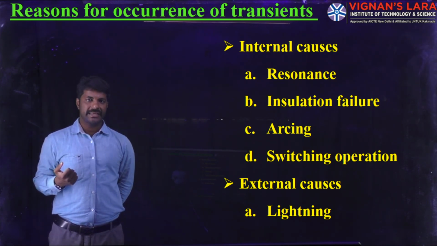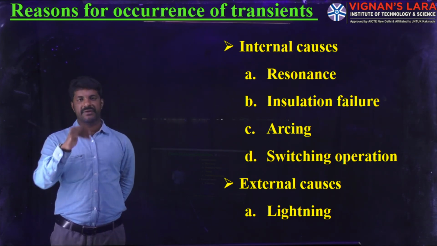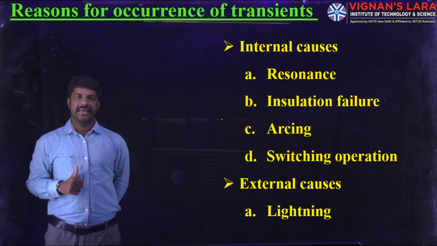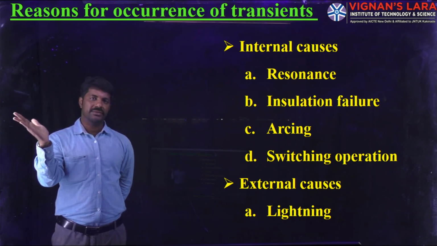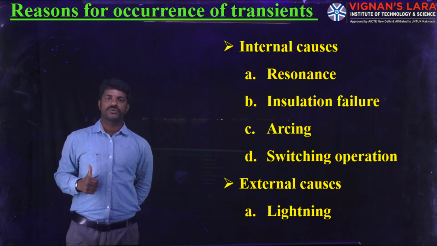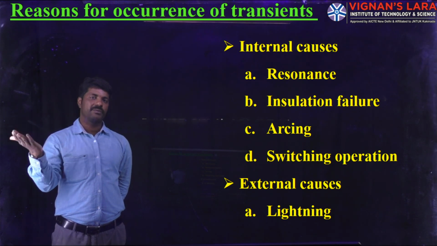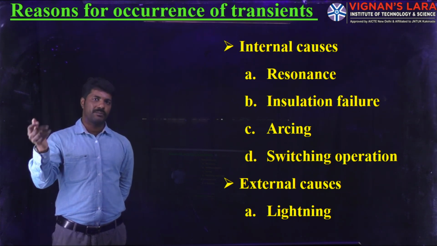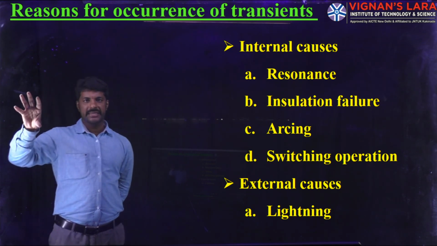Similarly, whenever the charged line is to be disconnected from the generating stations, we have to open those poles. Whenever we are opening those poles, the air around the poles will be ionized and the electrons will try to jump from one pole to the other pole as we pull them apart, which appears as a spark.